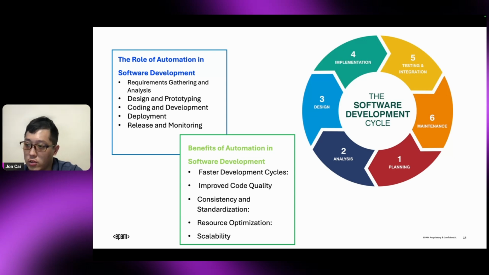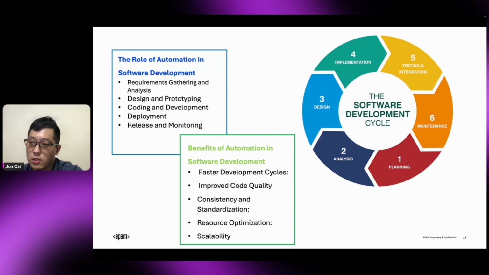The first one is requirements gathering and analysis, because automation tools can assist in capturing and analyzing requirements more efficiently. Natural language processing algorithms can extract requirements from documents, emails, and conversations. As a result, the automated tools can provide suggestions for design and maybe some prototypes.